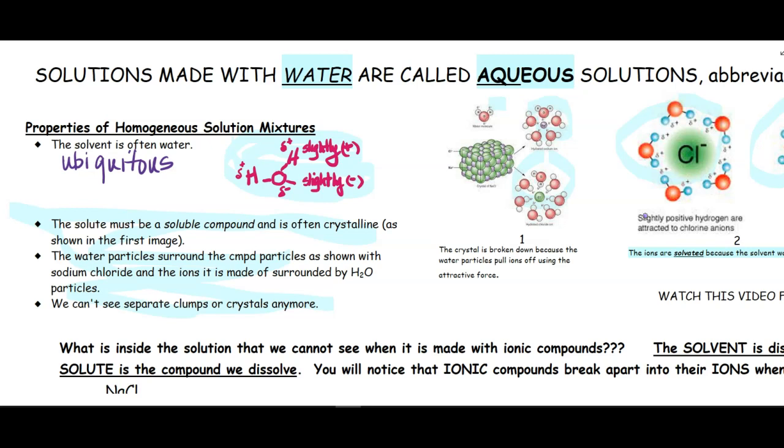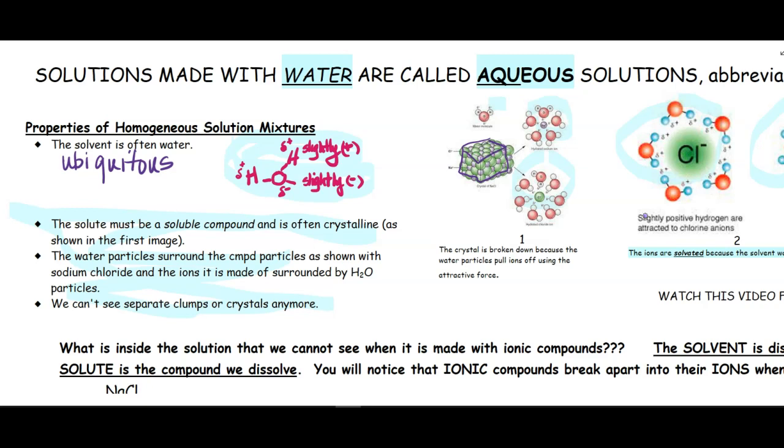All right, the solute must be a soluble compound and is often crystalline, as shown in the first image. So see how this thing right here is a geometric figure, all right?